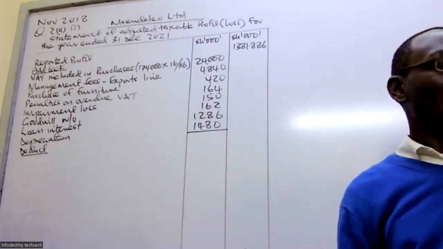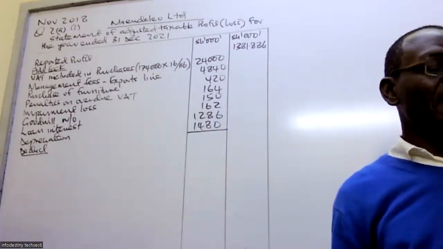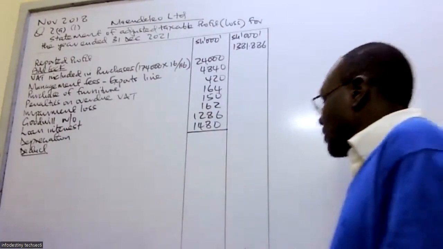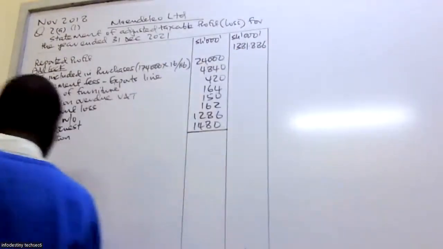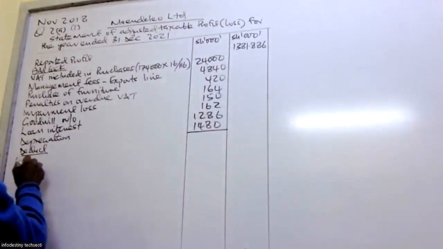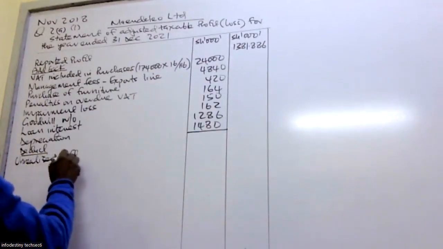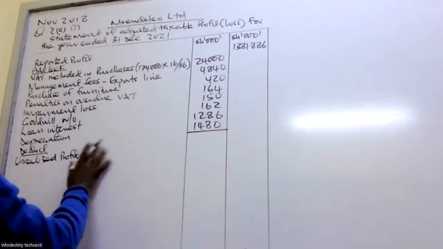There are two things there. The first thing is that 20% of the goods have not been sold. So there is unrealized profit. So goods transferred, we'll say unrealized profit on goods transferred to branch.